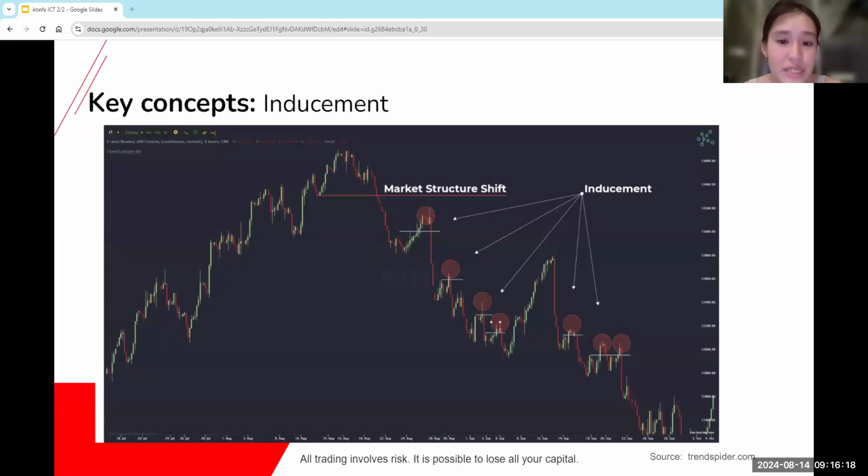As you can see from the chart, it basically occurs when price bounces or gets rejected, and then targets a previous short-term high or low before continuing in the same direction as the longer-term trend. The longer-term trend in this example is pretty bearish.